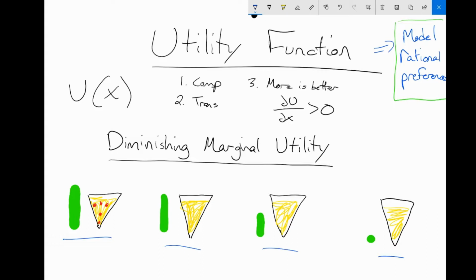So each additional unit of a good, each additional unit of pizza is worth less to you. It's worth something, but it's worth less. How do we capture that? So we would say that is a characteristic of consuming goods. Let's say that I was walking across the desert, and I haven't had a drop of water in hours.